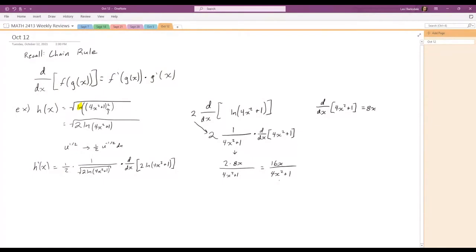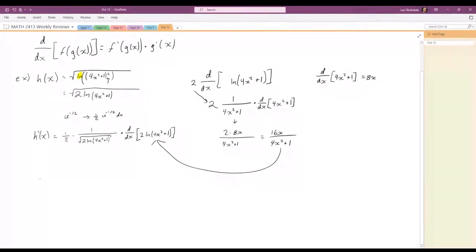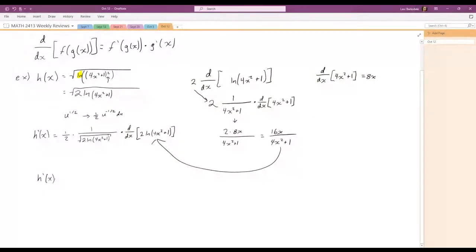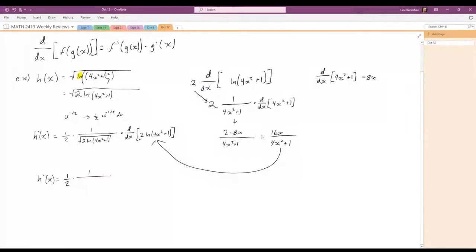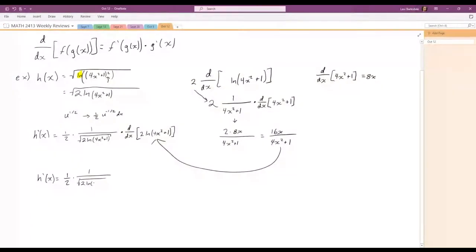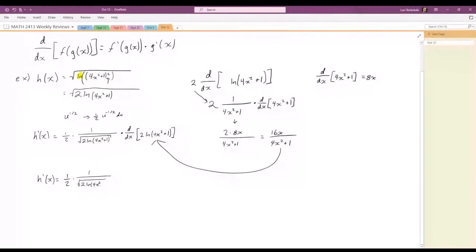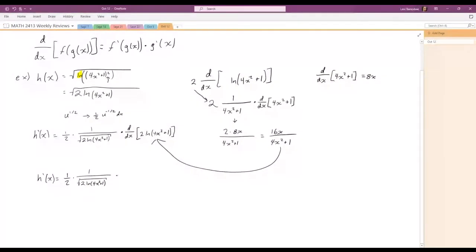And then this derivative, we plug right back in here. And as a final answer, we would get h prime of x is equal to 1/2 multiplied by 1 over the square root of 2 natural log of 4x squared plus 1 times 16x over 4x squared plus 1.